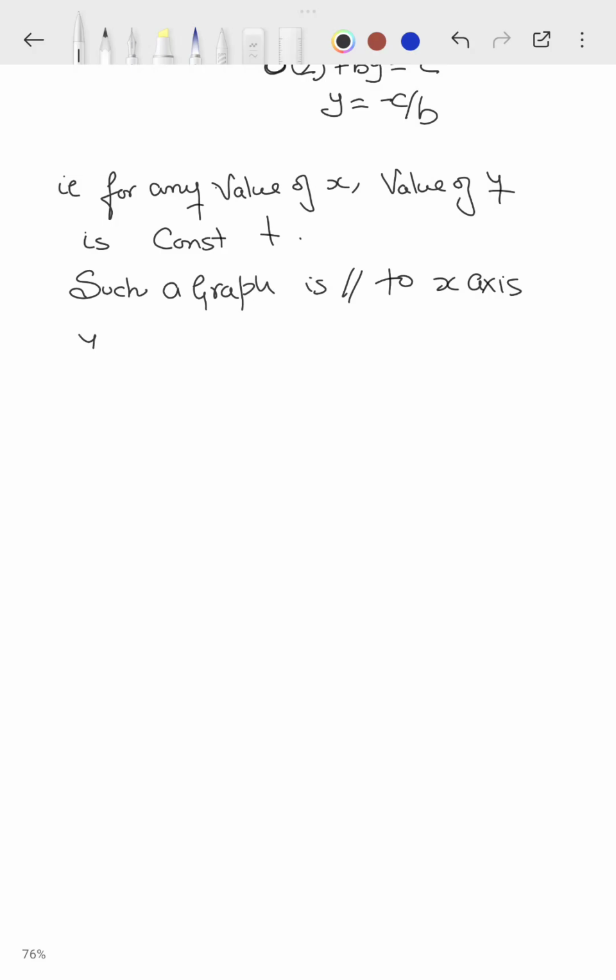So our question is: represent y is equal to 3 in two variables. So our general equation can be written as 0x plus y is equal to 3.